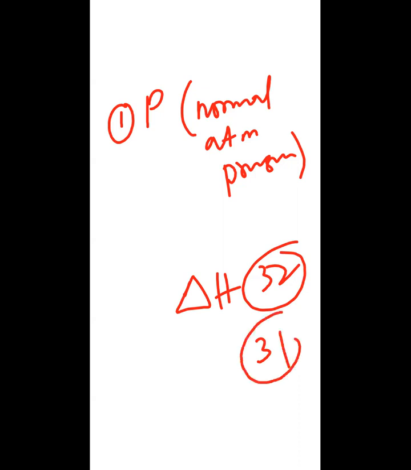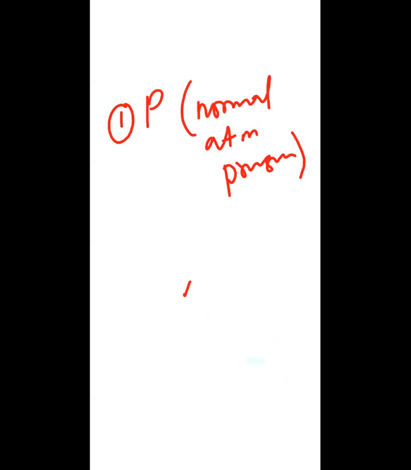That difference should not be there. The enthalpy change has a fixed value. So whenever you are working on the enthalpy change, you have to perform the reaction at normal atmospheric pressure. You don't have to pressurize the reactants.